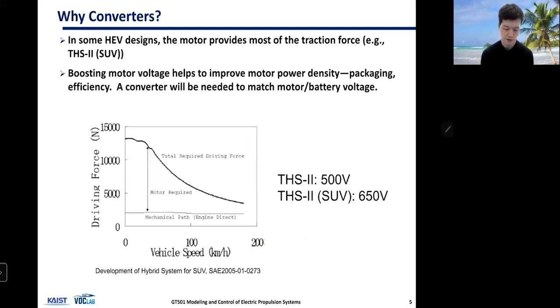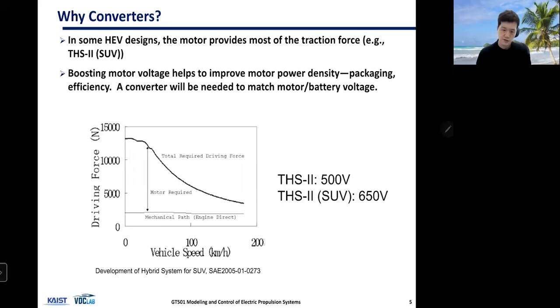voltages into AC, and you also need to boost or amplify voltages. This is an example. In some HEV design, the motor provides most of the traction force. Boosting motor voltage helps to improve motor power density, packaging efficiency. So usually using higher voltage gives you better performance for motors. But usually single cell batteries can only provide 3 volt or somewhere there.